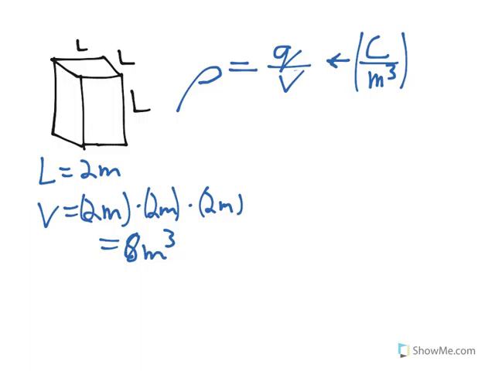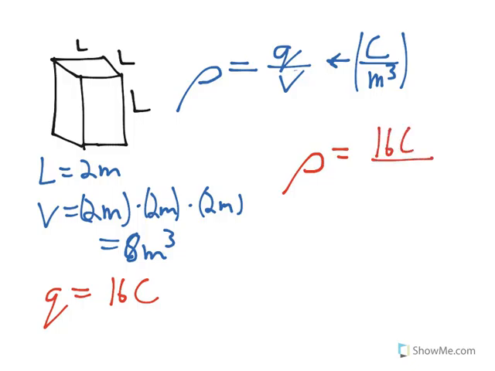And we distribute a charge equal to 16 coulombs throughout the volume. So the charge density of that volume is going to equal 16 coulombs divided by the volume in meters cubed. So the charge density that describes that box will be 2 coulombs per meter cubed.